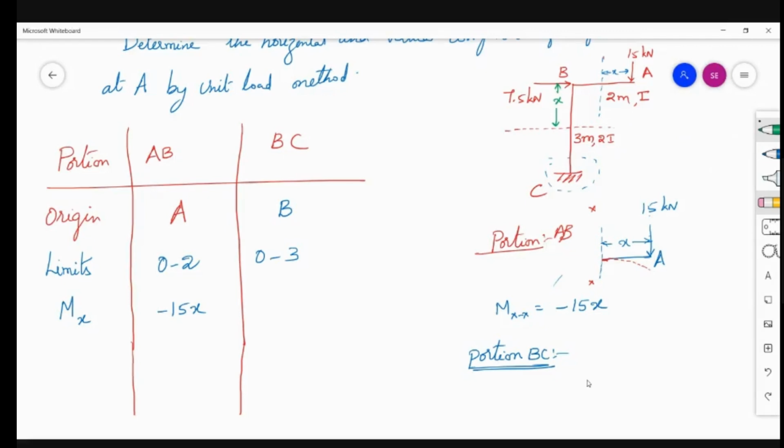You can take either side, top or bottom. I will take the top one, as it is looking like a free end. Here this is 15 kilonewton. This distance is 2 meters. This is 7.5 kilonewton. The distance is x. So this is your cut section, X. Now write down the moment at XX.